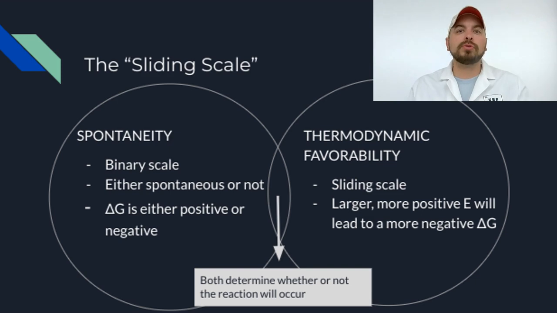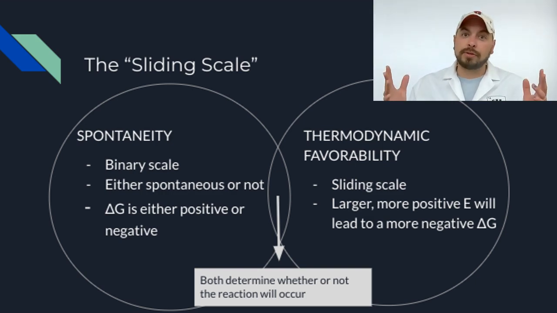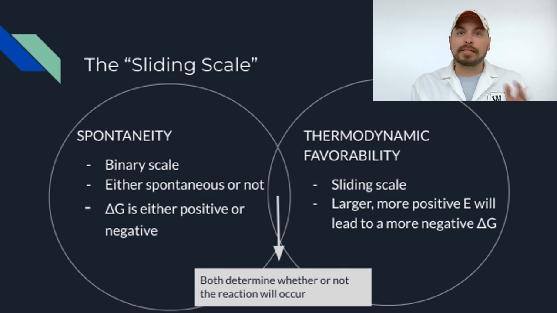So we're going to use thermodynamic favorability a lot more often when we get into the quantitative approach with that equation that we just talked about, delta G is equal to negative NFE. And what you can see here is that as the delta G gets bigger in magnitude, so will the E. As the delta G gets smaller in magnitude, so will the E. It tells us a little bit more about the whole system.